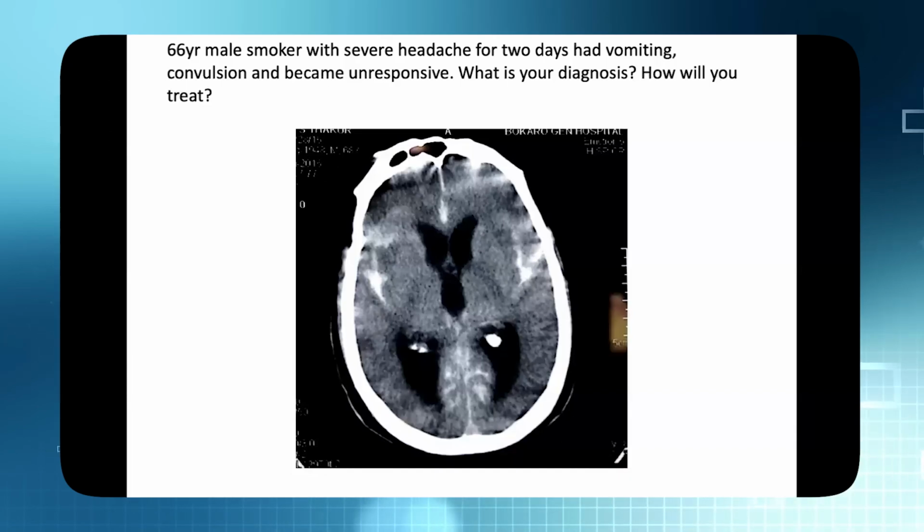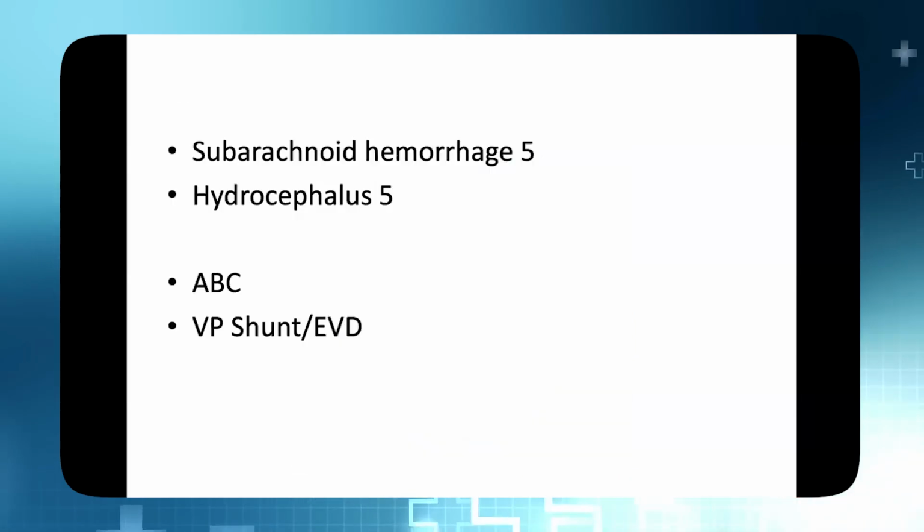There is some pneumoencephalus also, not pneumoencephalus, this black one. Yes, the anterior. So subarachnoid hemorrhage and hydrocephalus as a complication. Management is airway, breathing, circulation, and VP shunt and EVD.